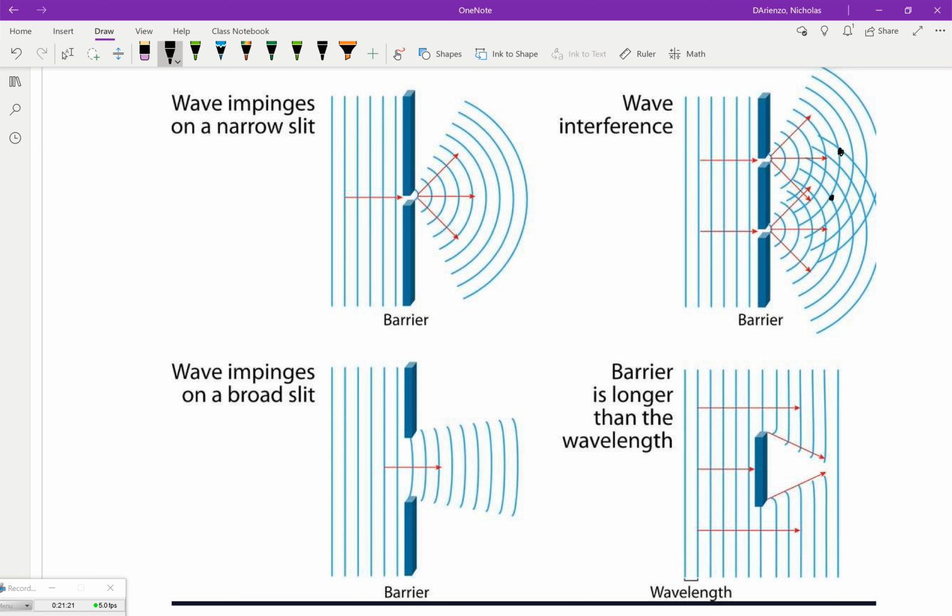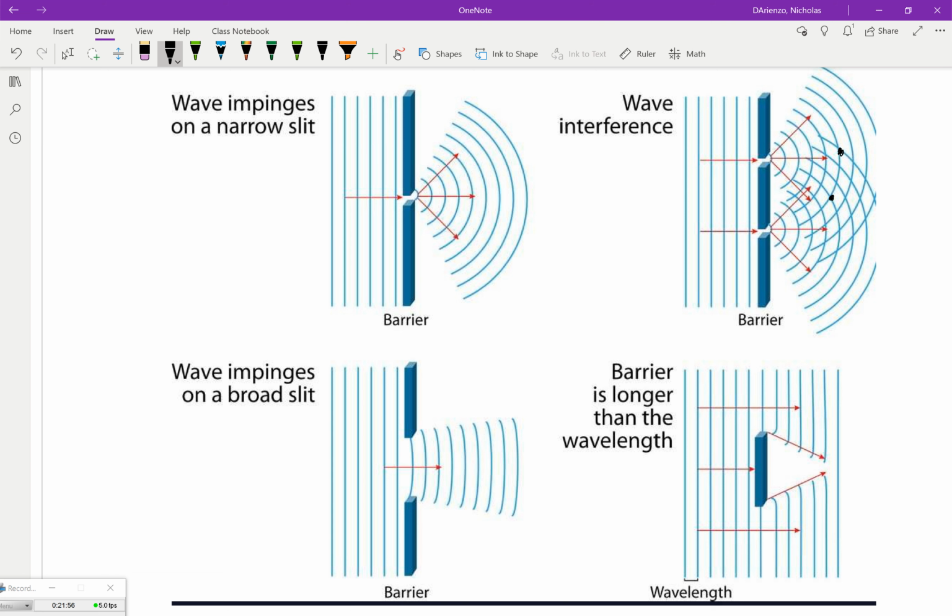So if you imagine you were standing here, if this was sound coming through here, you're going to hear things a lot differently than if you were standing in front of the barrier here. And it's not only because of the diffraction of the sound waves between the slits, but because of the interference of the waves coming through here. So depending on how you're hearing these crests and troughs, they could be combining constructively or destructively to change the waves of sound that we're hearing beyond the barrier.